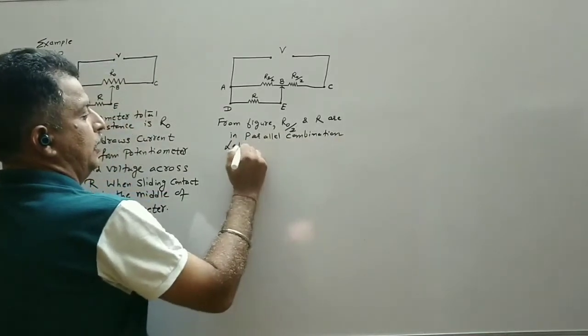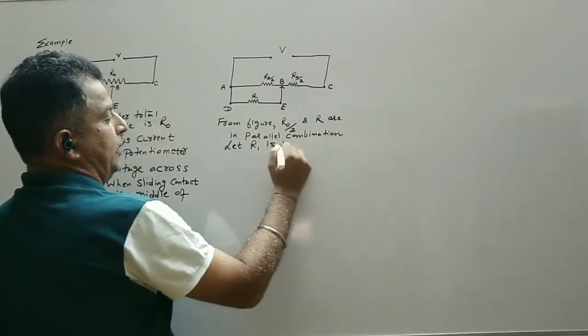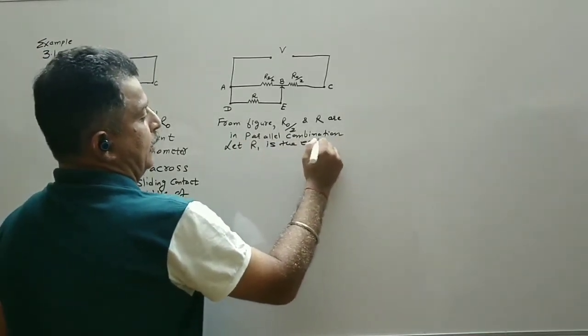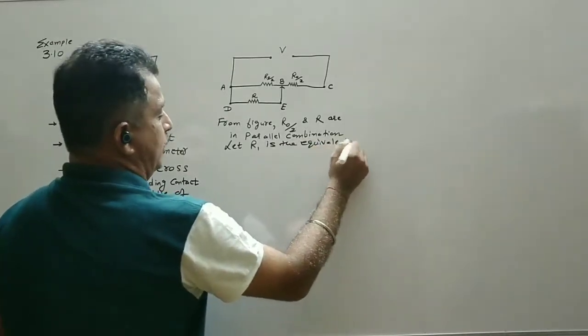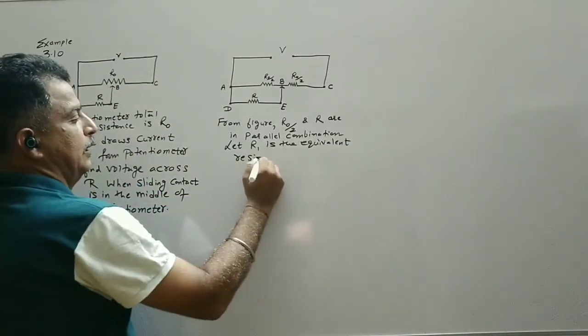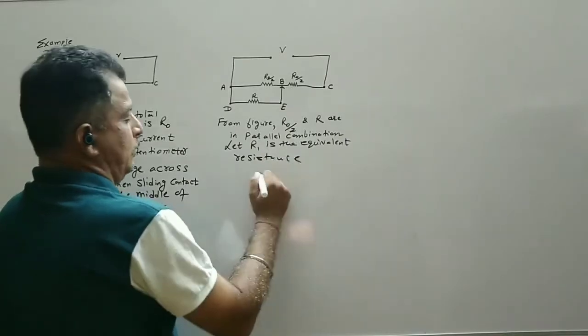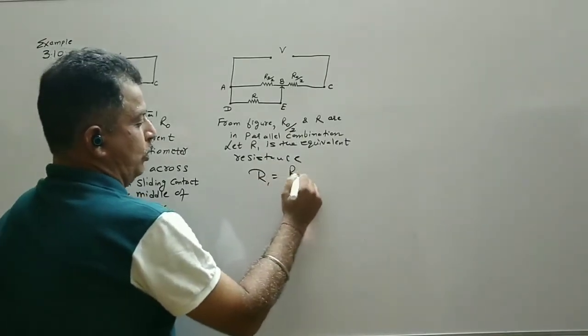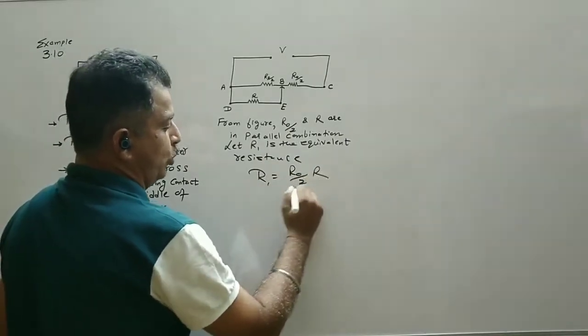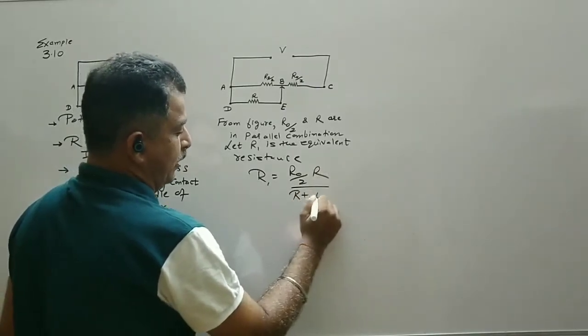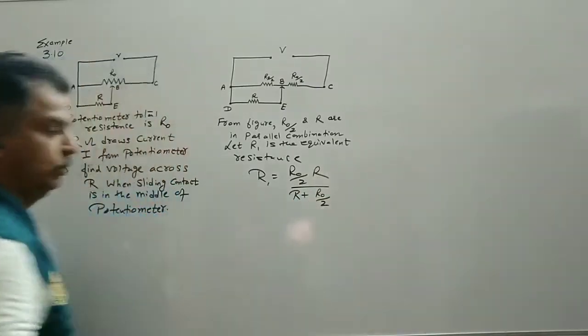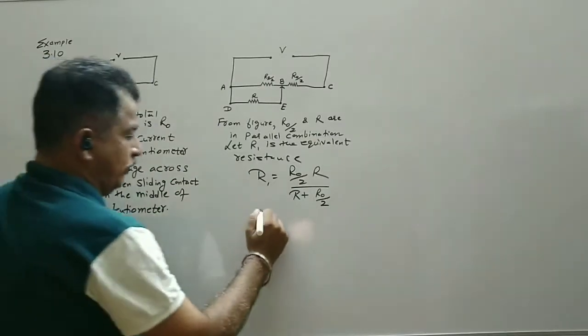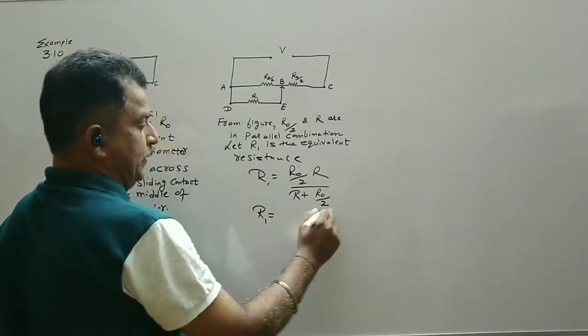Let R1 be the equivalent resistance. So R1 will be equal to R naught by 2 into R divided by R plus R naught by 2. So we solve these values.